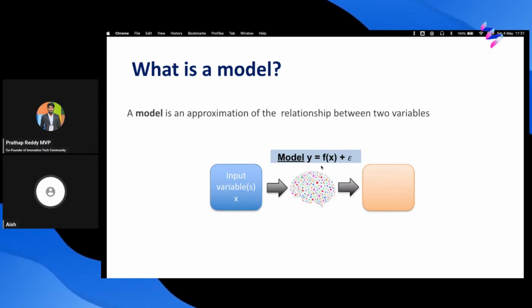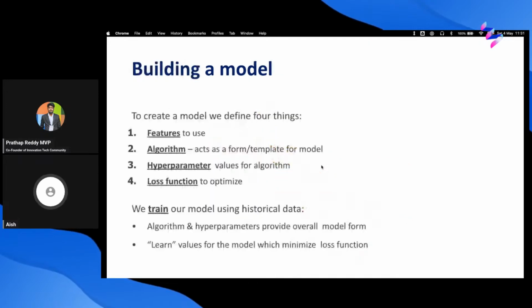That is the relationship: linear, quadratic, or what is it? Then we have the hyperparameters. Hyperparameters are kind of like knobs, you can say, which you can increase or decrease to fine tune your algorithm. We'll learn about them in a short while. And the loss function is the one which you try to optimize.